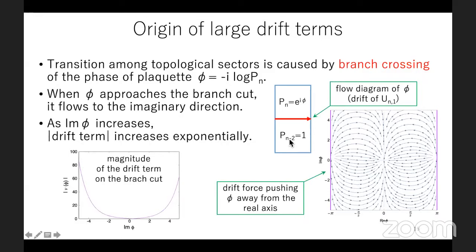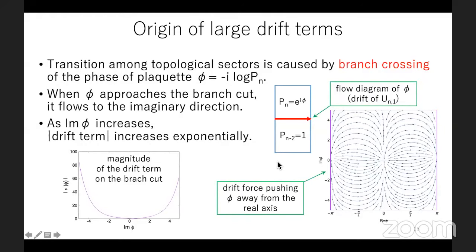So it means if the phase of the bracket approaches the branch cut, the drift force pushes the phase in the imaginary direction. This flow increases the non-unitarity of the bracket, and it gives a very large drift term.